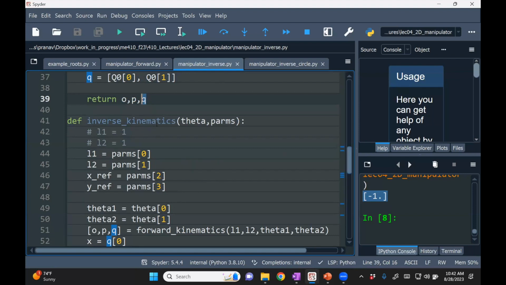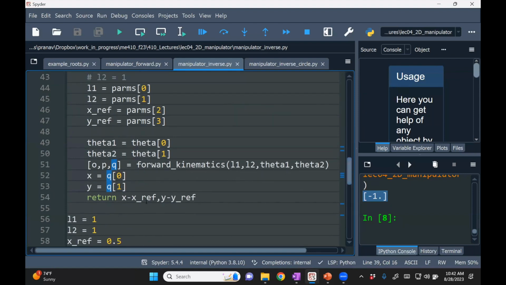The inverse kinematics function basically returns the difference between, in this case, X, which comes from forward kinematics, the position of point Q along the x-axis in global frame, and Y, the position of the point Q on the y-axis.